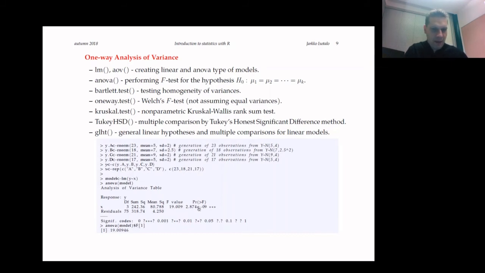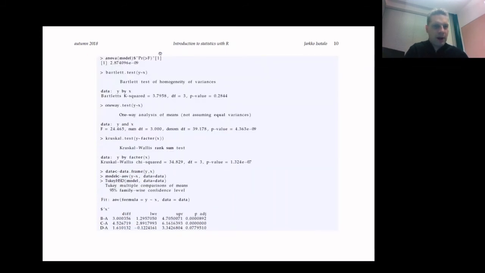And then there's a p value, which is very small in this case, showing us that the hypothesis that for each of these 4 populations the population mean would be at an equal level is not really holding in the samples we have in this case.